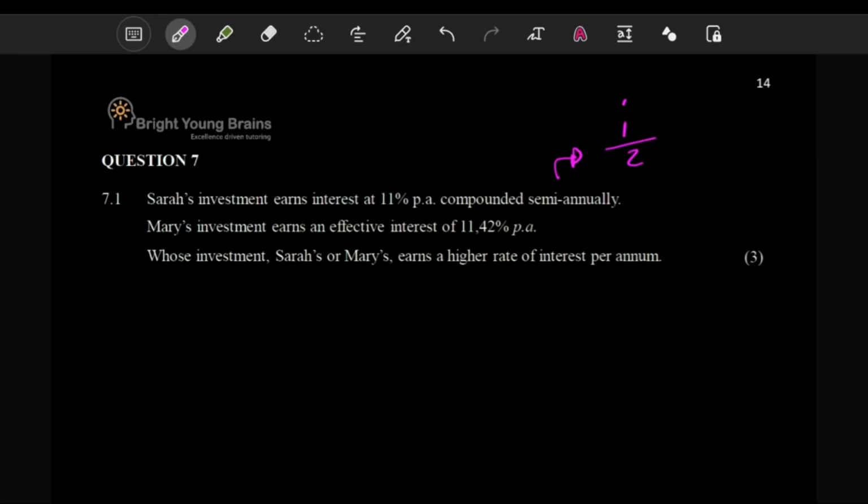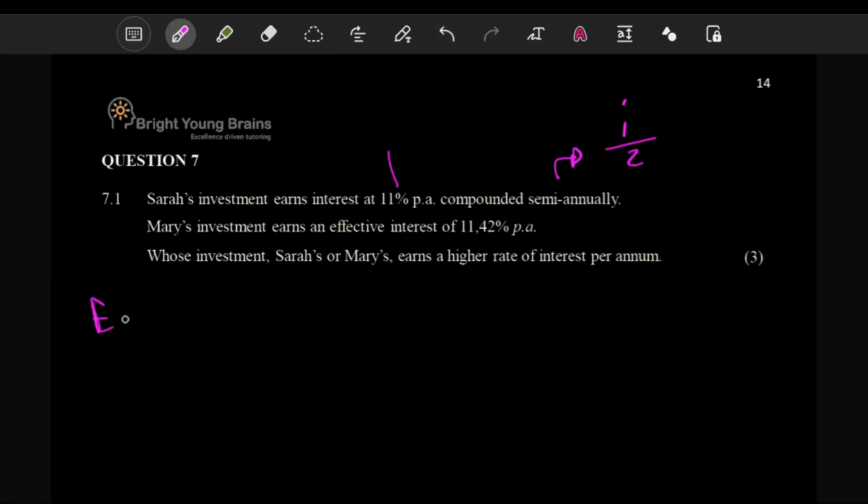What makes this question interesting is that if you're given an interest that is compounded semi-annually or monthly or quarterly or whatever, you need to get the effective interest to find out what the interest per annum is. So let me write a note here.